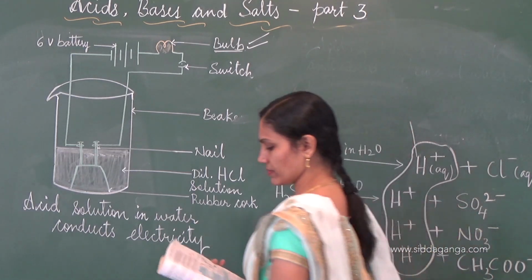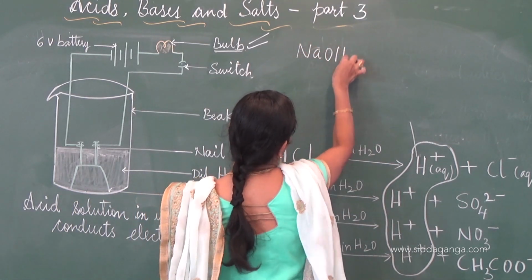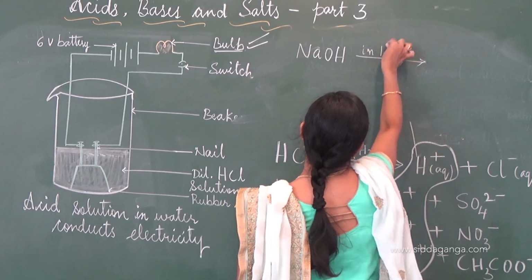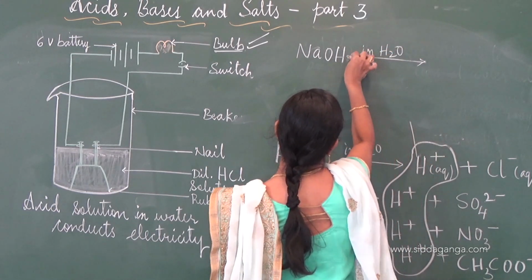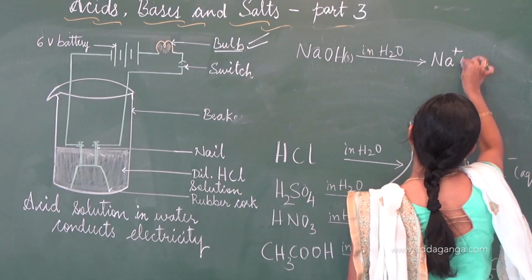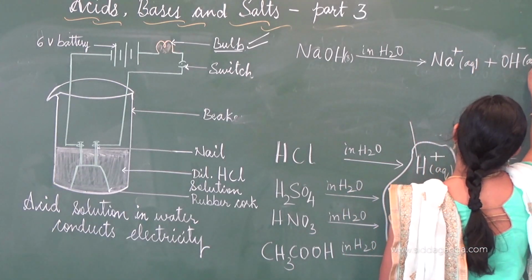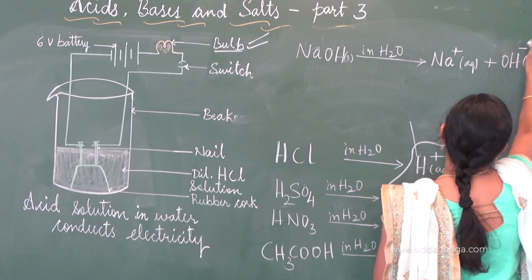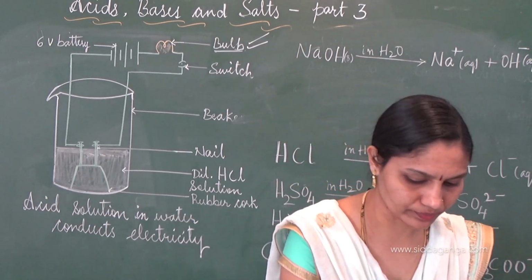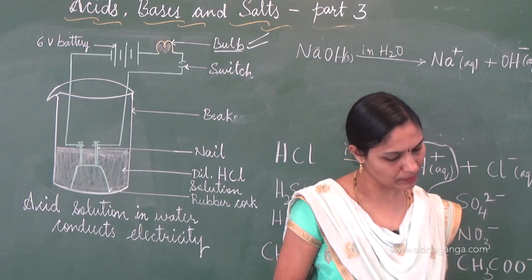Sodium hydroxide is a base, and sodium hydroxide with water produces cation and anion, Na plus and OH minus, and these ions are responsible for the conduction of electricity. Is this point clear to you? Let's move further.